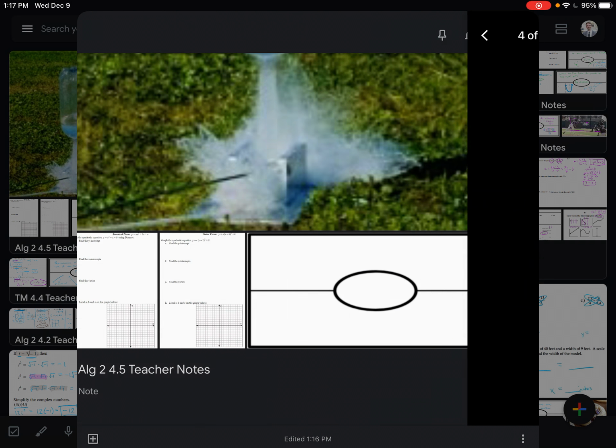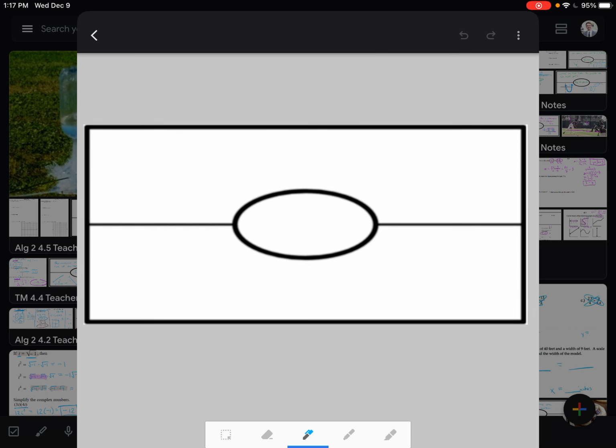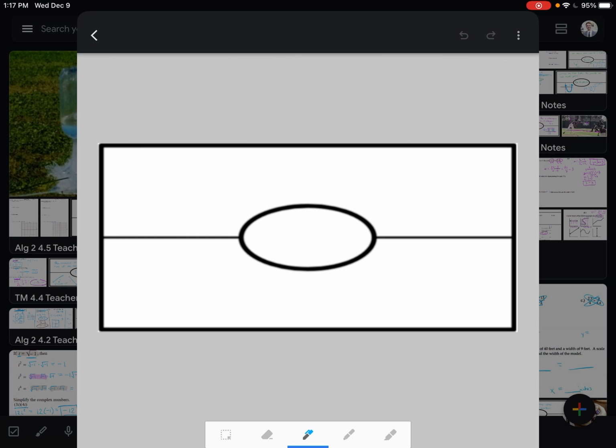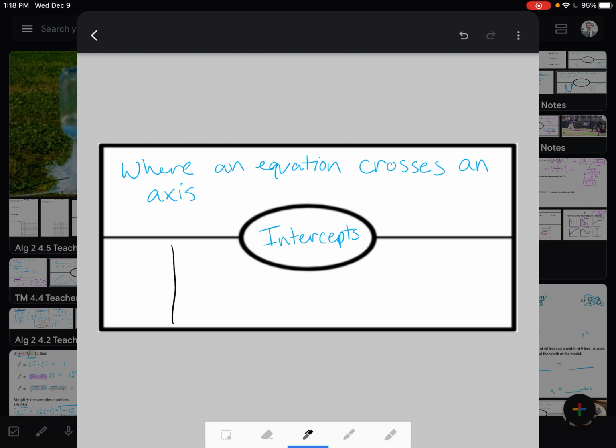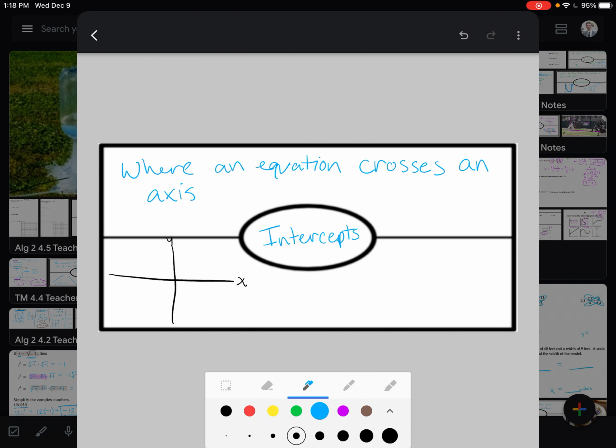We're looking at graphing these by hand. So starting off, important features of graphs are their intercepts. The intercept of a graph is where an equation crosses an axis. So if we're looking at a coordinate plane with our y-axis and our x-axis, and let's say we have a parabola going through it, maybe like our little rocket that we were talking about.